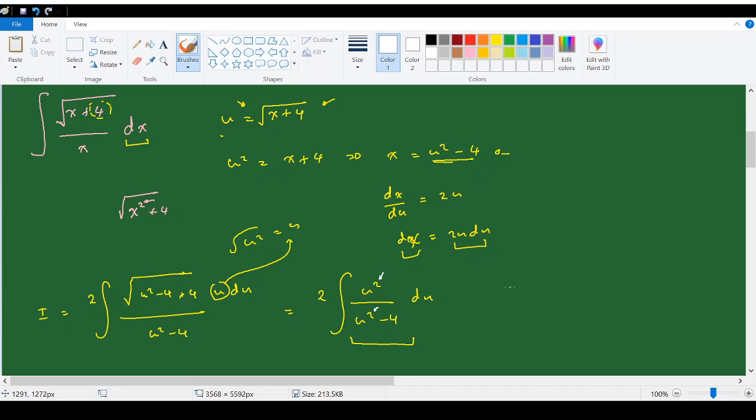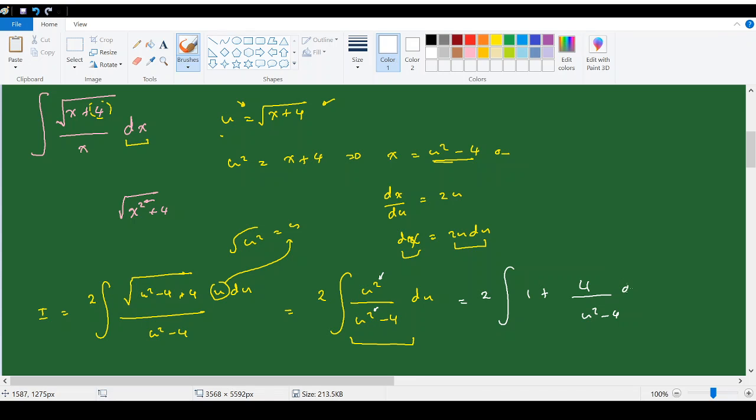So before going for partial fractions you should do the long division. When you do the long division, this is what you will get.